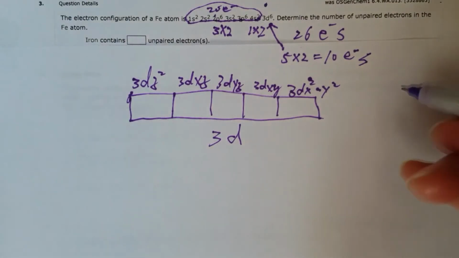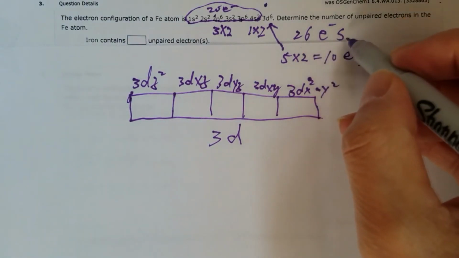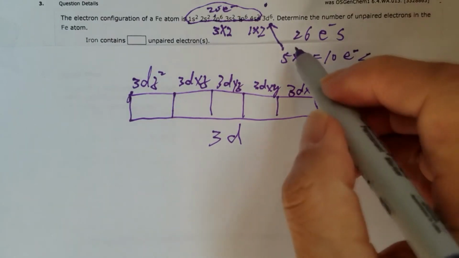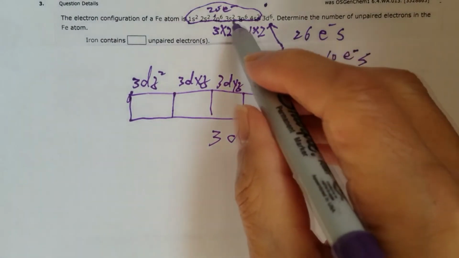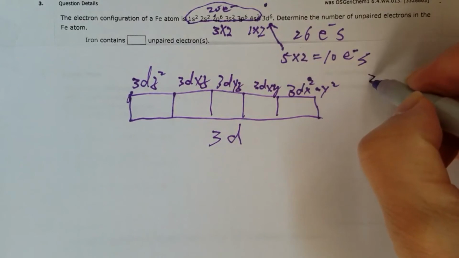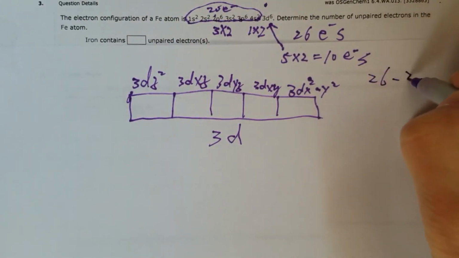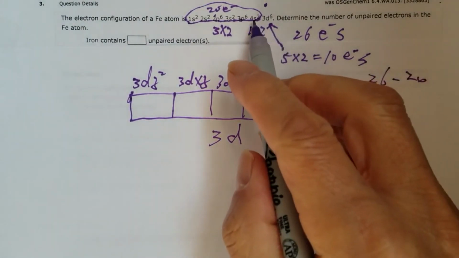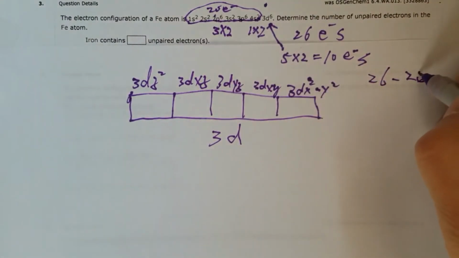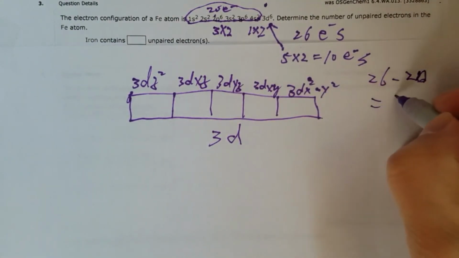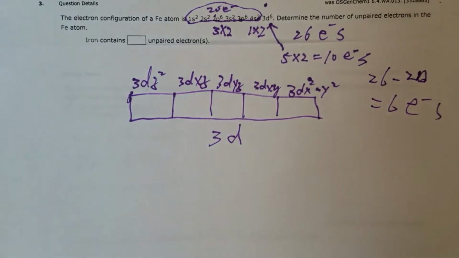So 6 electrons remaining. We have a total of 26, and 20 already up to 4s2, so 26 minus 20 leaves 6 electrons unassigned.